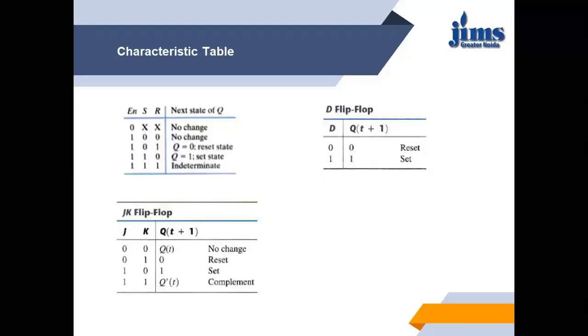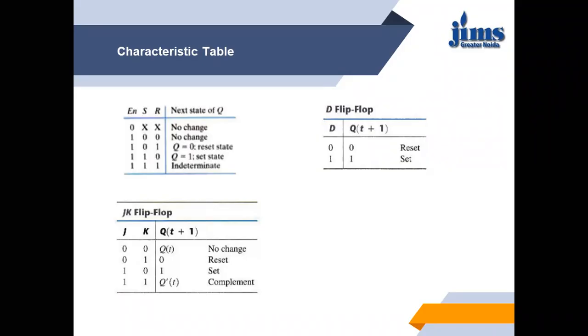For the JK flip-flop, we are assuming the clock is active. For 0, 0, it is no change. For 0, 1, that is reset, output will be 0. If J is 1, K is 0, output is set, that is Qn plus 1 will be 1. And for the 1, 1 condition, the output will be complemented.